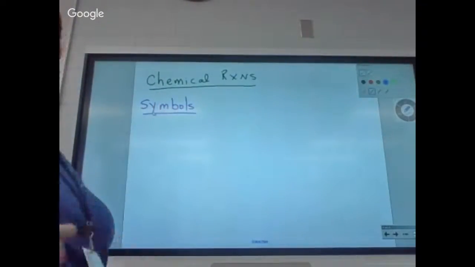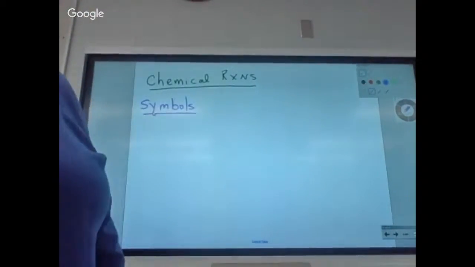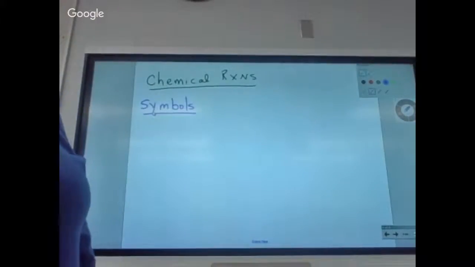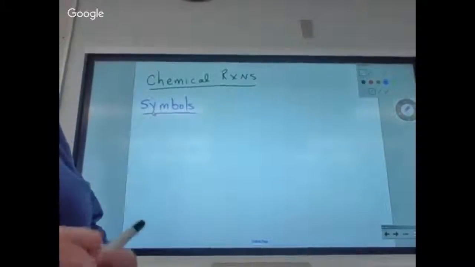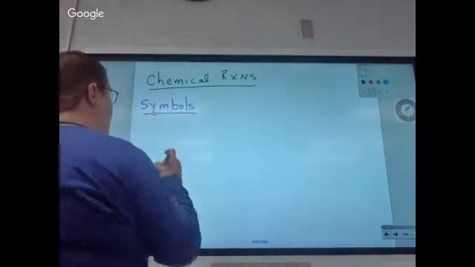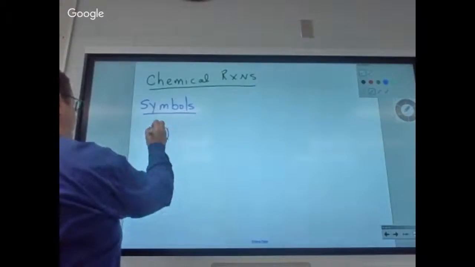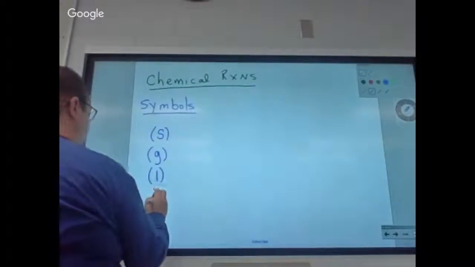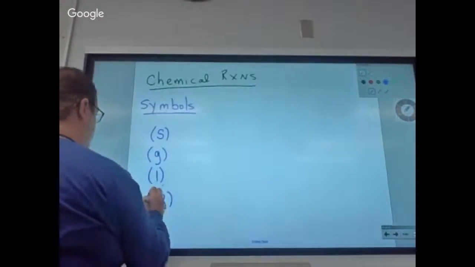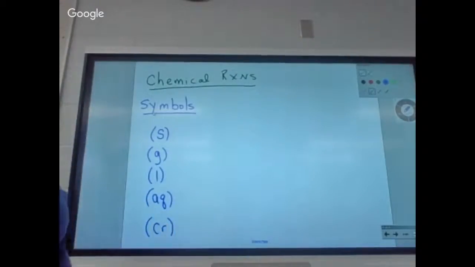I want to make sure I don't forget any symbols that you might see. That way people don't yell at me after the test. The symbols that I had in the equation yesterday were the states. So I had an S, I had a G, we could have had an L, we could have had an AQ, or we could have had a CR. Those are the ones that are most common that you might see.